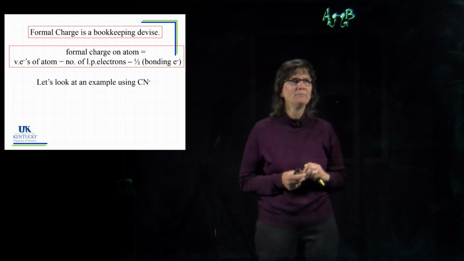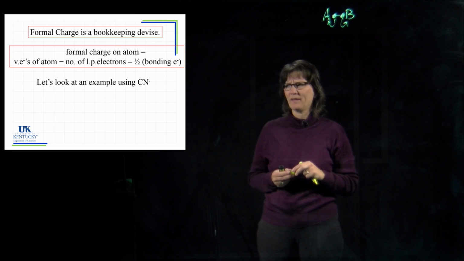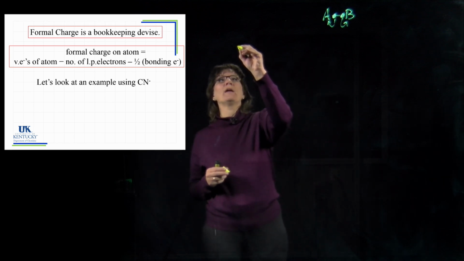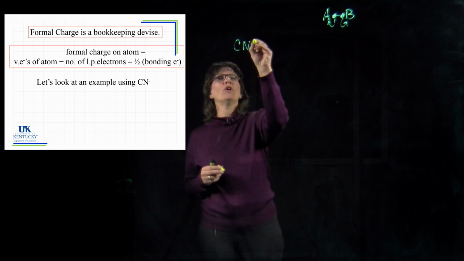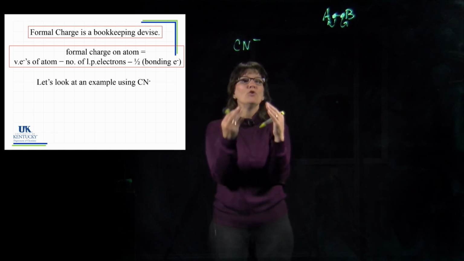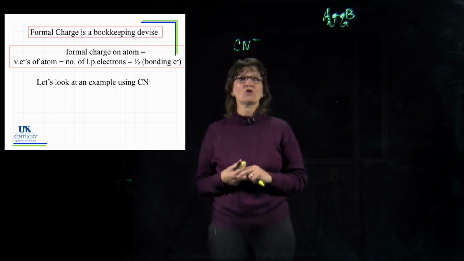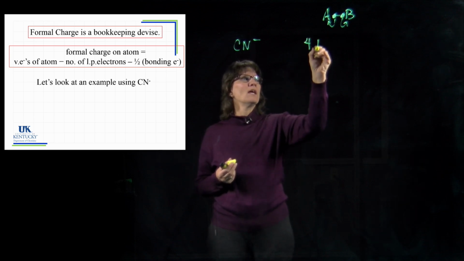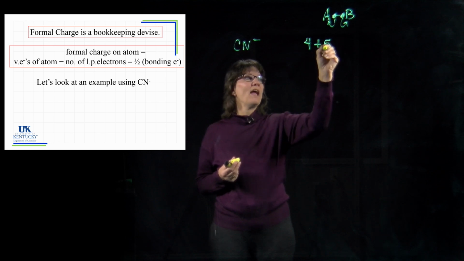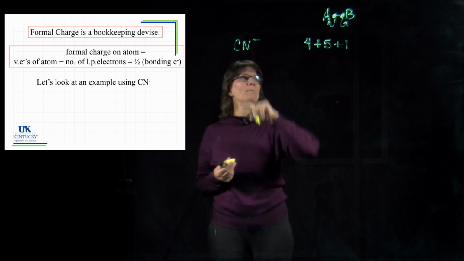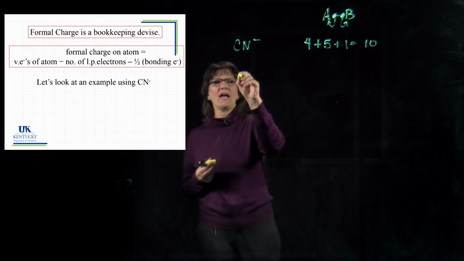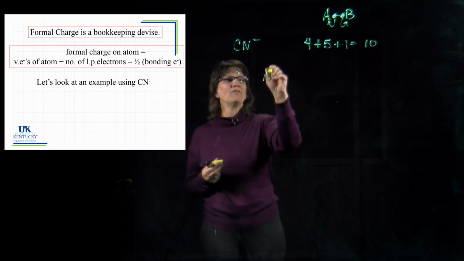The easiest way for me to explain what I'm talking about is with an example. So we're going to do an example of CN minus. We're going to go ahead and review the process of doing a Lewis structure with this one. Carbon has 4 valence electrons, nitrogen has 5, and then there's one more electron for that minus charge. I have 10 electrons to work with. I put the atoms down: I have carbon, I have nitrogen.